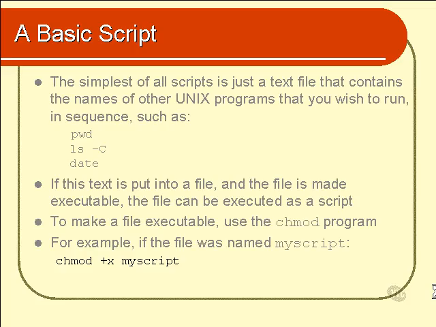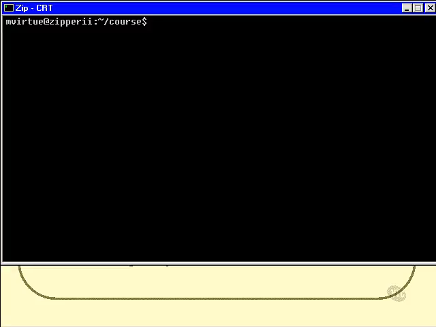Let's go and do exactly that. I'll do it on the screen, step by step, and I suggest that you, if you can, do it in your own Unix. Firstly, we will create the file. I'm going to use the text editor vi, so I'll call it vi MyScript, like that. And as you can see, it is a new file. And then I'll add the lines pwd, ls -c, and then date.